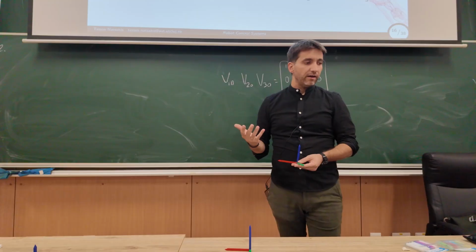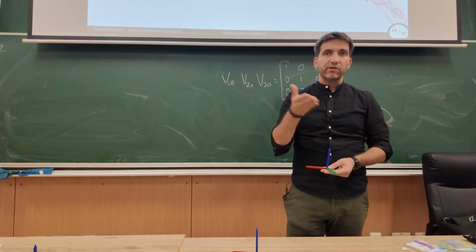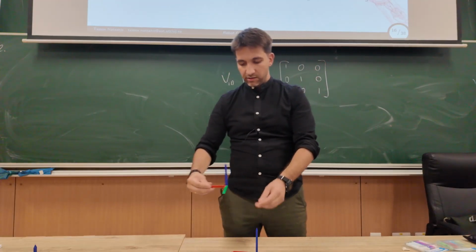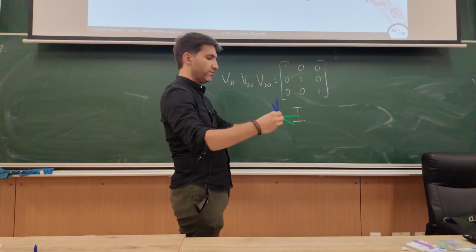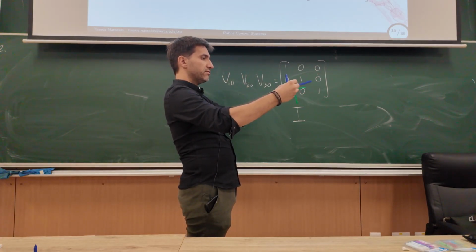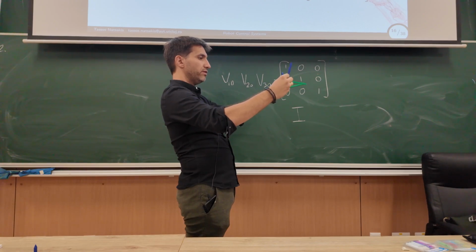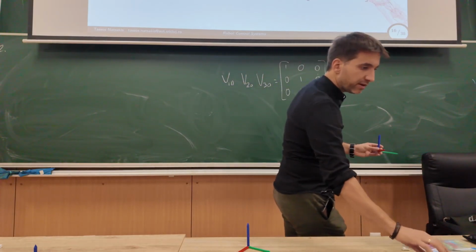So if I talk about rotation around the x-axis, or around the red axis, I'm talking about the rotation like this. What do I see? Are the coordinates of the first vector changing?